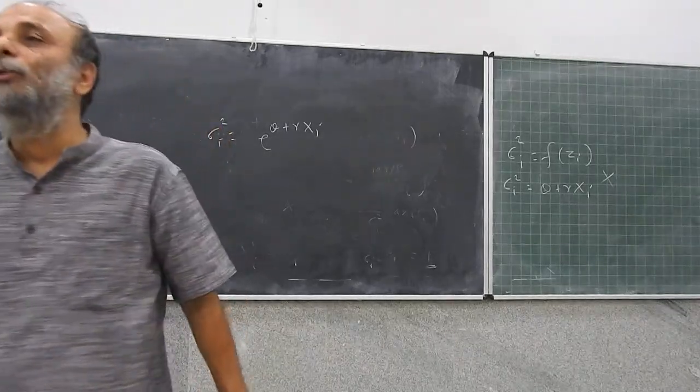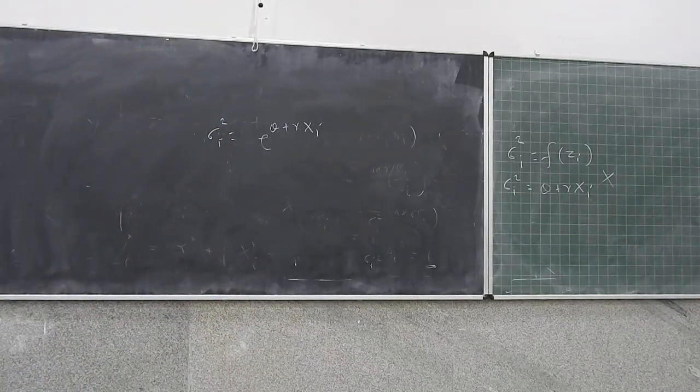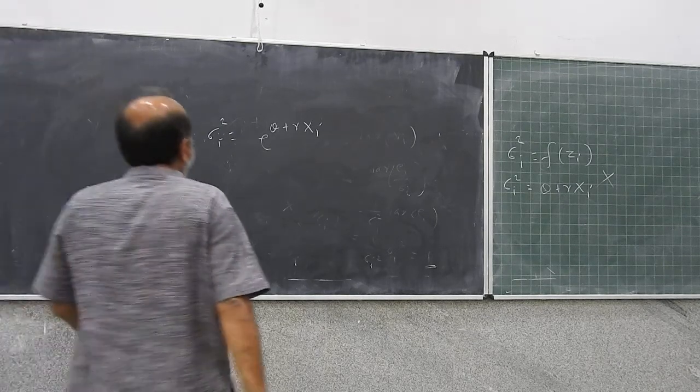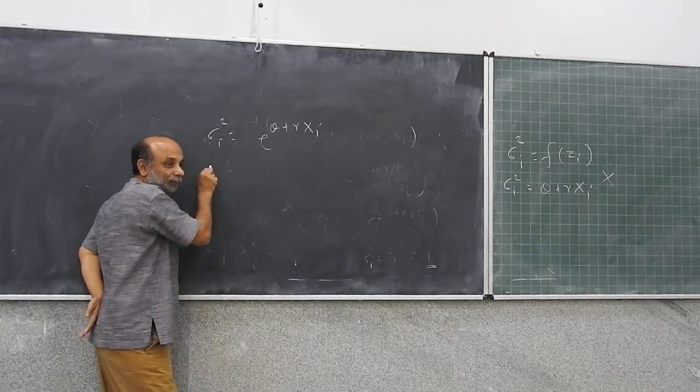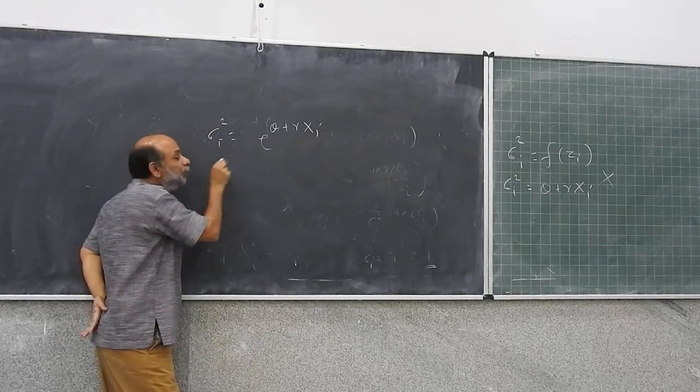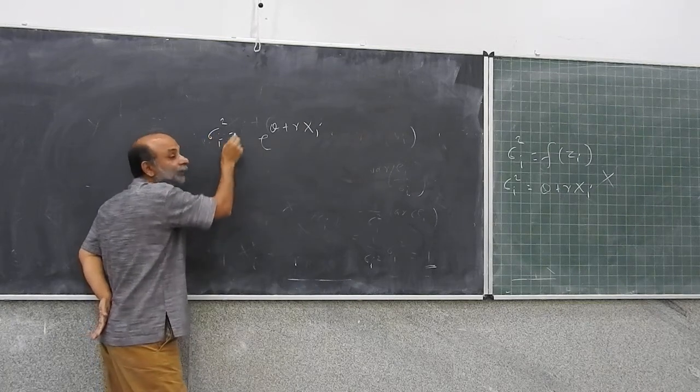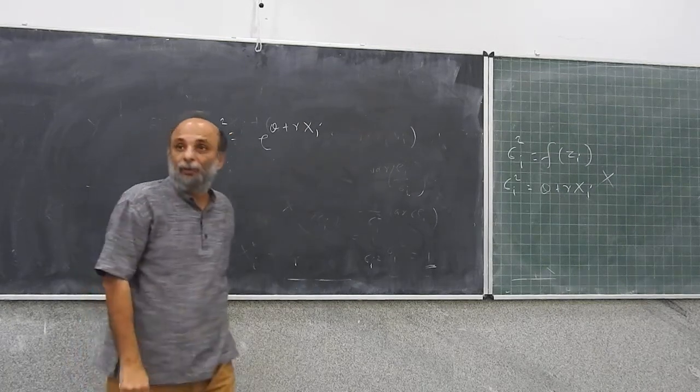Sigma square i is equal to e raised to theta plus gamma xi, because e raised to anything can never be negative. Even if this whole thing tends to minus infinity, this will only tend to 0. So therefore you can never have this quantity negative by this specification.